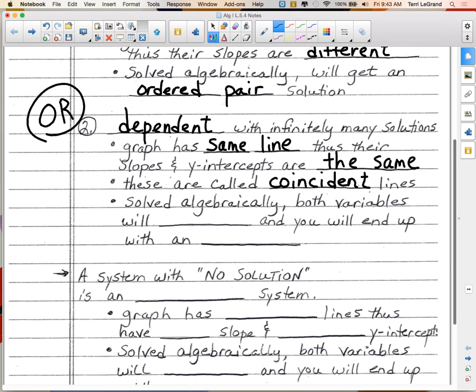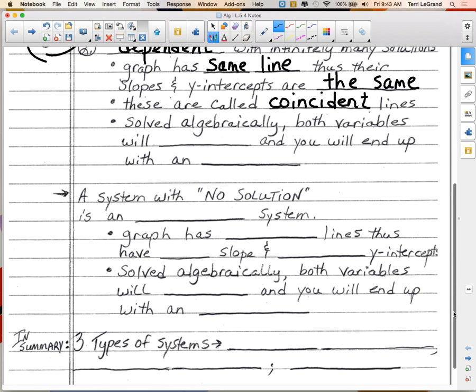So when we graph them, we end up with only one line on the graph because it's really one line on top of another. But when we solve it algebraically, here's what should happen. Both variables will eliminate. Not just one of them. Whether you're using the substitution method or the elimination method, instead of just the x's disappearing and y's left to solve for, or vice versa, both of them are going to disappear.